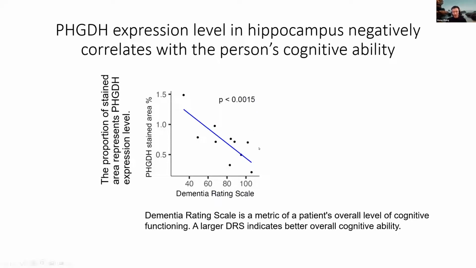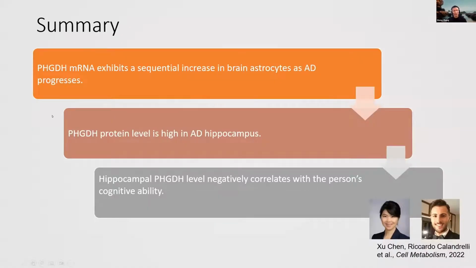Despite that, I want to acknowledge that this is so far a small study. Only a small number of people had this test in our clinic and we had their postmortem brain. But still, we seem to have an indication, a possibility of a connection between a molecular measurement and a person's behavior, a person's cognitive ability. So with that, I want to summarize: PHGDH mRNA exhibits a sequential increase in brain astrocytes as AD progresses.